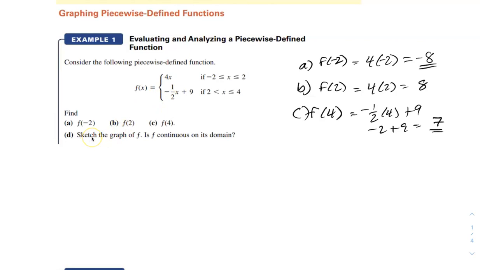Okay, let's talk about how to graph this. So D, we're going to sketch these graphs. Just making a little XY chart here. Okay, so a couple ways to graph this.